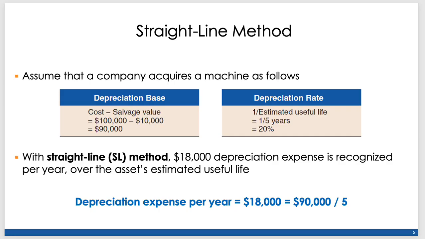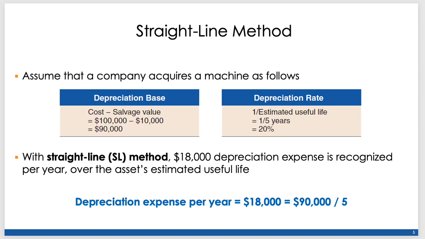That $90,000 will be depreciated in a straight line linear fashion for the number of years that you are depreciating this asset. You can see there in the second box, they believe the useful life to be 5 years, which essentially means that every year 20% of the depreciable base will be used up.